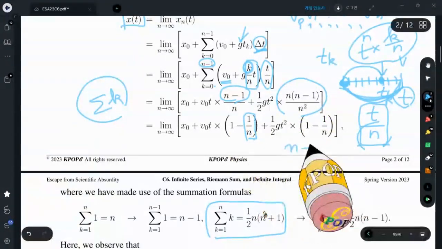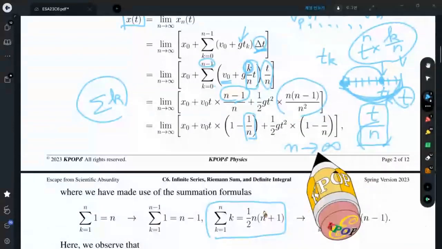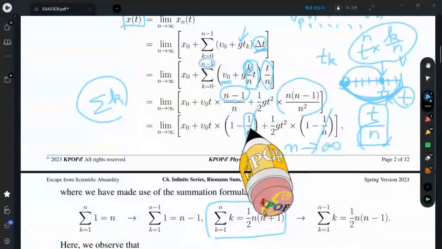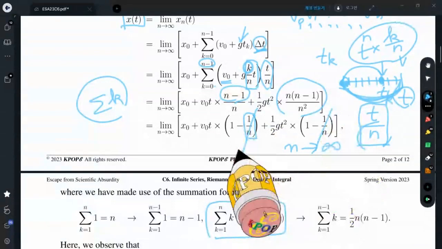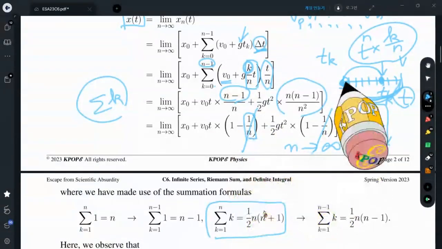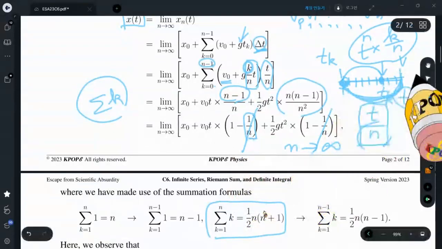As we take the limit as n goes to infinity, fortunately, these terms disappear. So the numerical error becomes 0 as we take the limit as n goes to infinity, keeping the finite width as it is.